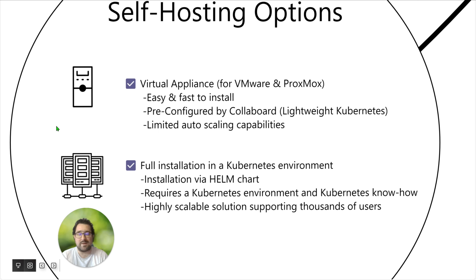So in this case, we just provide you with the appliance and you're almost ready to go. Of course, the easiness comes with some downsides, and one of the downsides is the limited auto-scaling capabilities of the virtual appliance. Therefore, we have a second option, and the second option is a full installation in a Kubernetes environment.